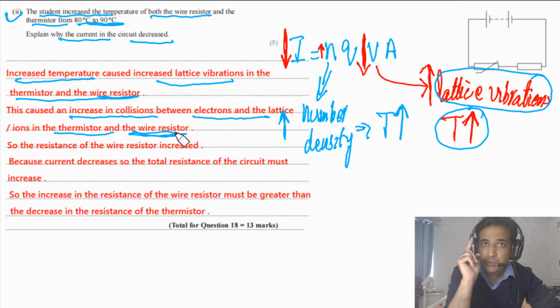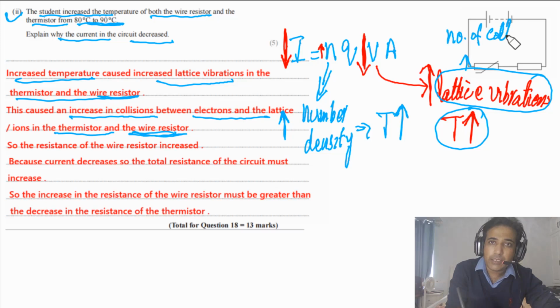Means when lattice vibrations increase, we can also write down here number of collisions between electrons and ions also go up. Number of collisions increases. As number of collisions increase, it means drift velocity will go down.